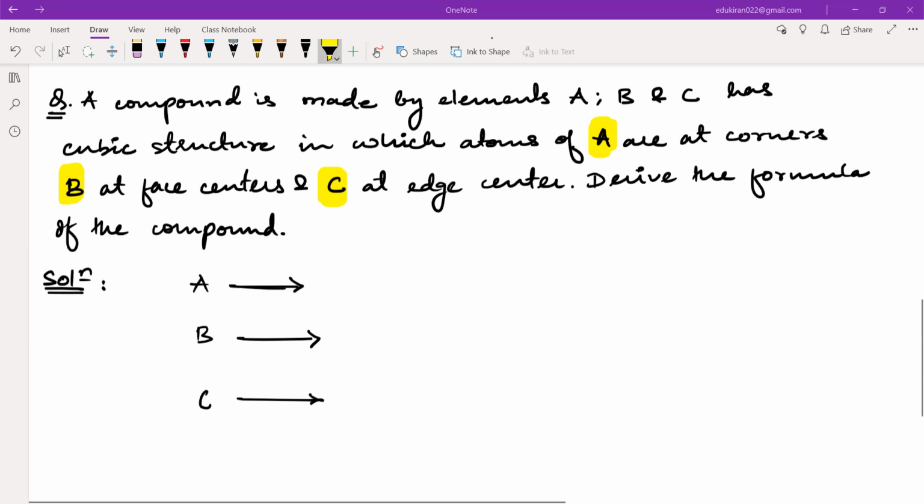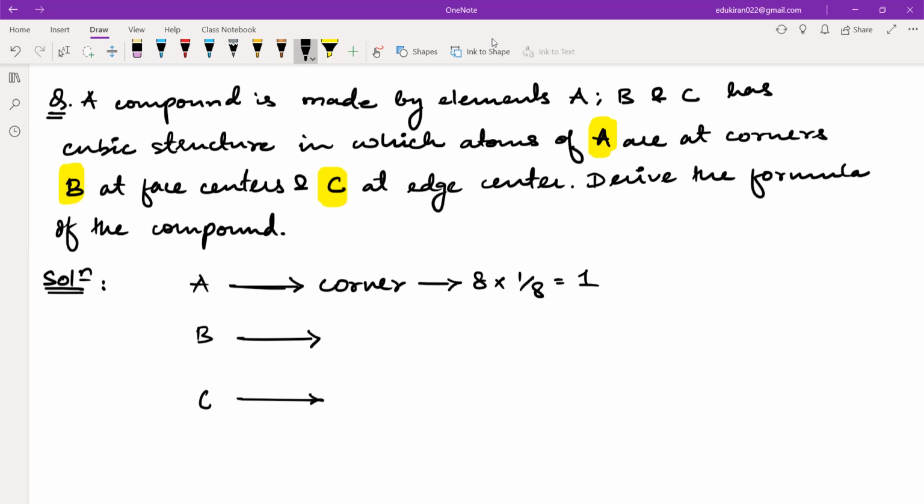So A is in the corner, right? The contribution of each is 8 corners, 1 by 8 for A, which will be equal to 1. And B, it is present in what? At face center. And in face center, how many are there? There are 6 face centers, and each has a contribution of 1 by 2, which will be giving me 3.